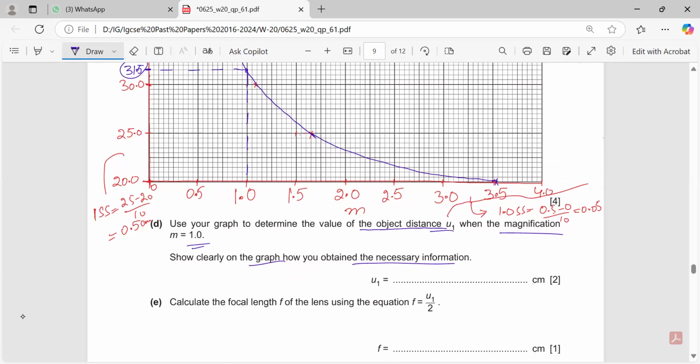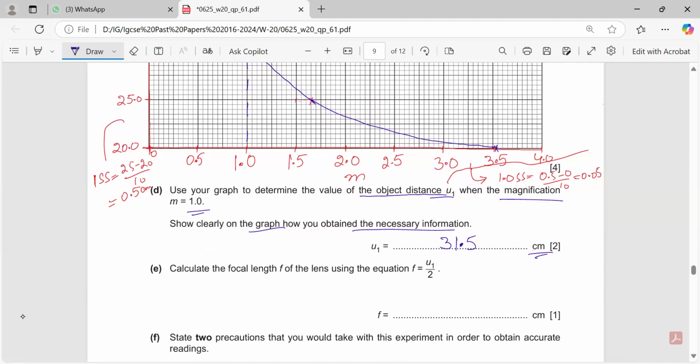So U1 is equal to 31.5 centimeters. Don't rely on any perception in your mind about a particular topic. In paper 6, wholly, solely, completely, you have to follow the instructions of the examiner.